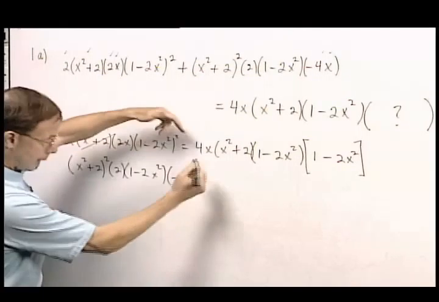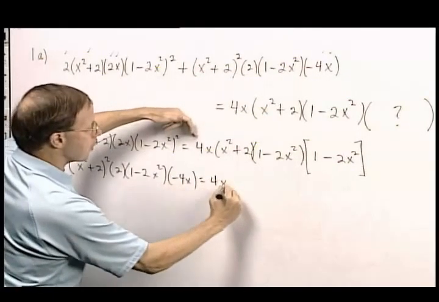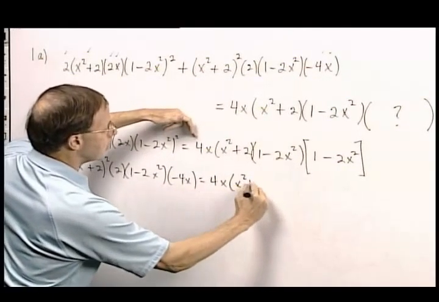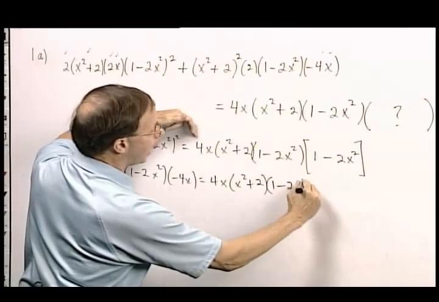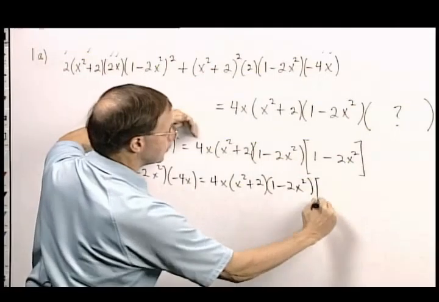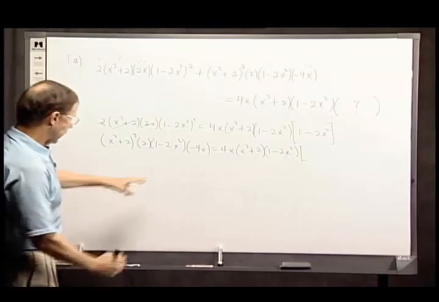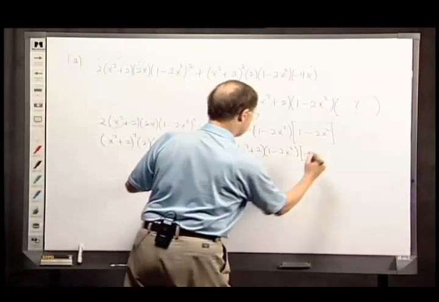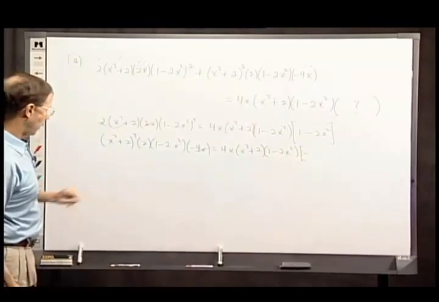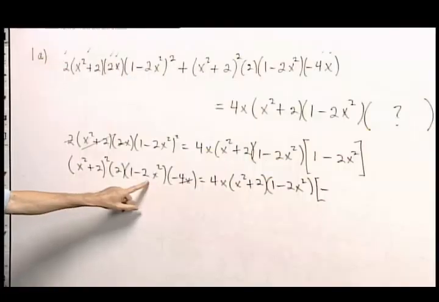Again, it's got the same common factors. And what else? Let's see, I got the 4x, but I don't have the minus, so I better put a minus in here. I've got this guy taken care of entirely.